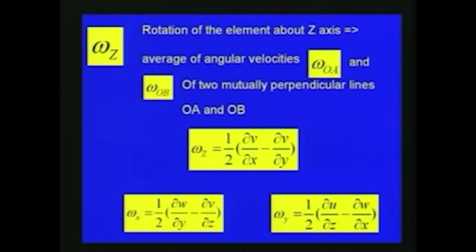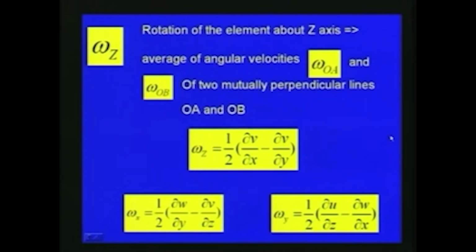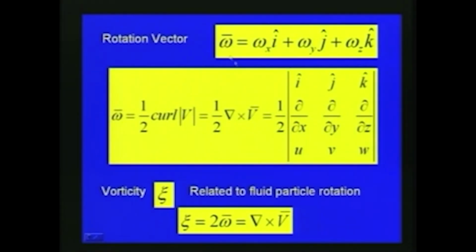Then finally we define the rotation vector with respect to the z axis as half of del v by del x minus del u by del y, and the rotation in the direction of x as half of del w by del y minus del v by del z, and finally the rotation in the y direction as half of del u by del z minus del w by del x. Then finally the rotation vector is defined, and we define the vorticity with respect to this rotation vector as 2 times omega bar, or del cross v.